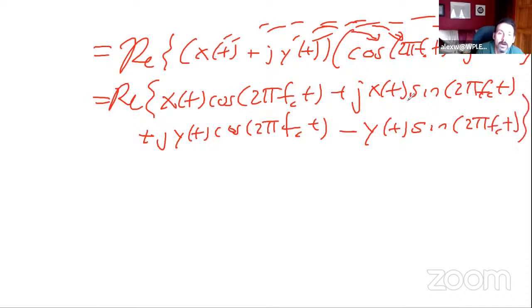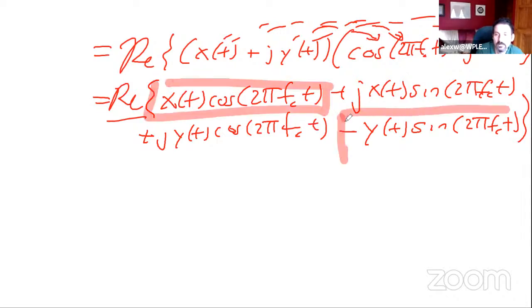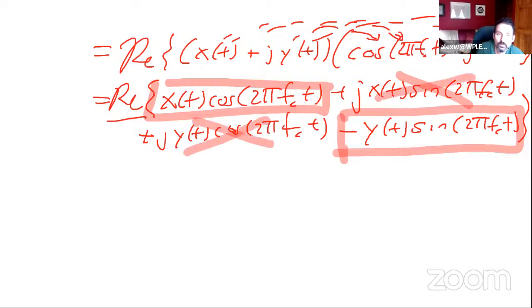Okay, now the real operator means that we only extract out real components, which are this and this. So these get ignored and are not carried forward by the real operator. So at the end of the day, we get this representation.